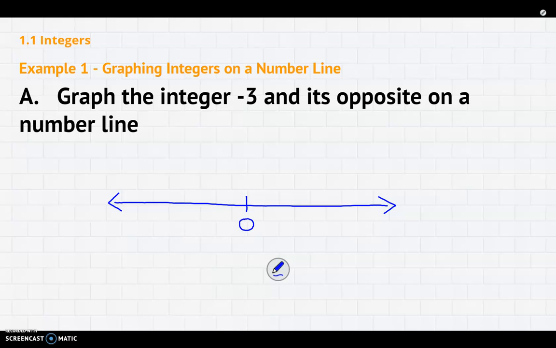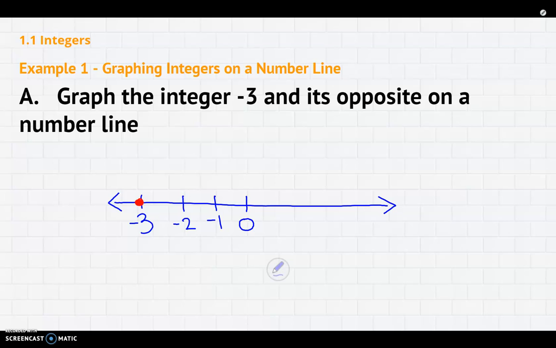Okay, and we are graphing the integer -3. Okay, all of the negative numbers lie to the left of 0. So we need to count -1, -2, -3. Okay, and in order to graph an integer, all you are doing is putting a nice circle where that integer is. So that is graphing -3.